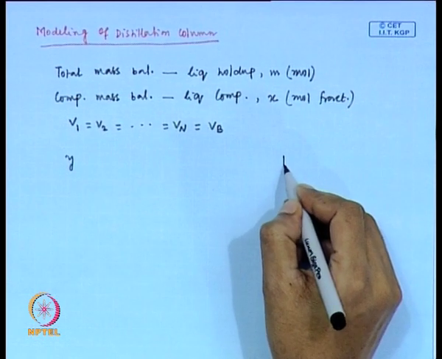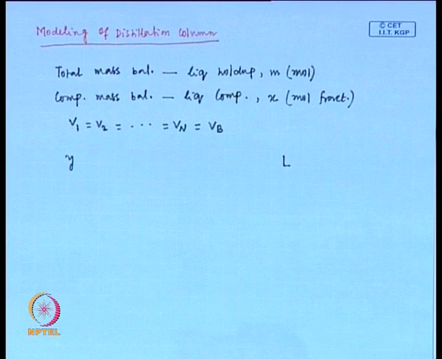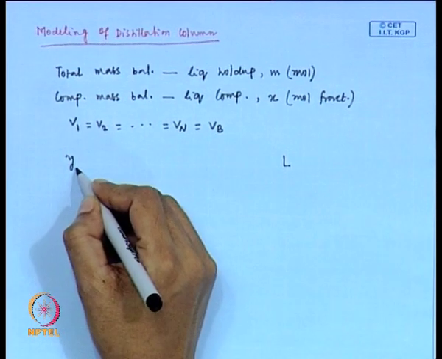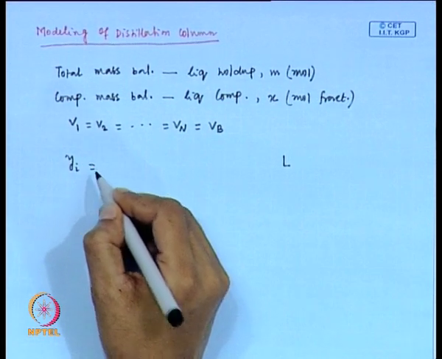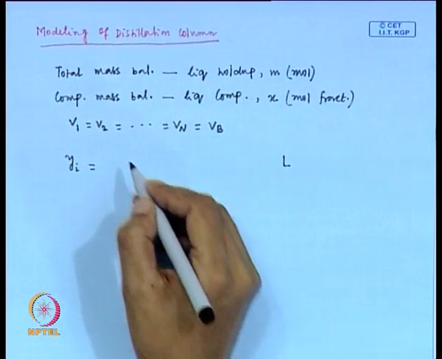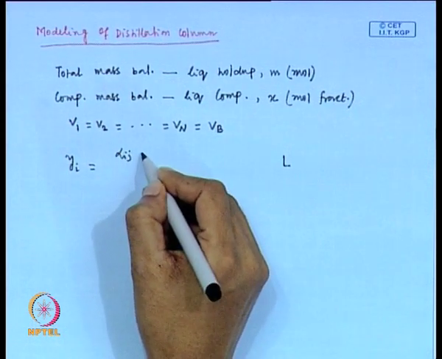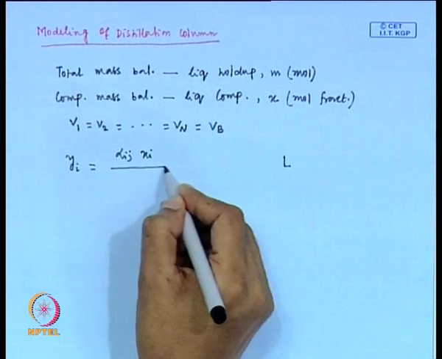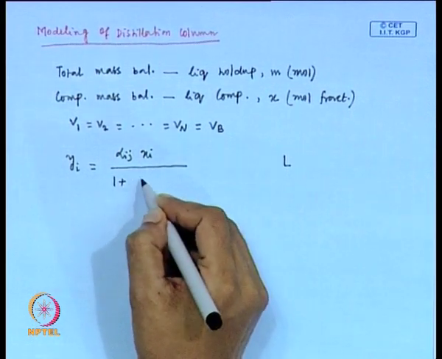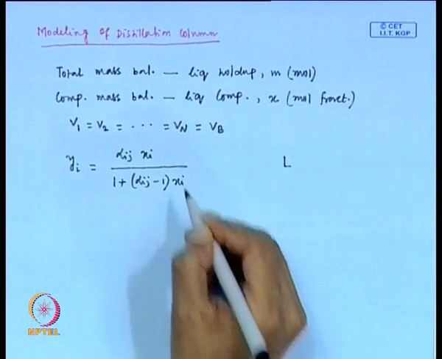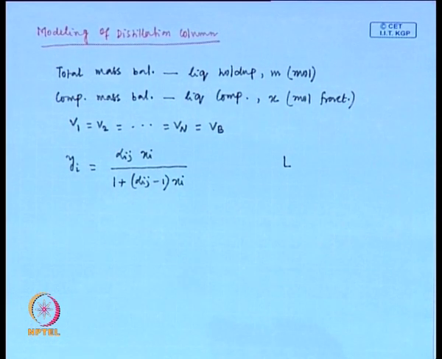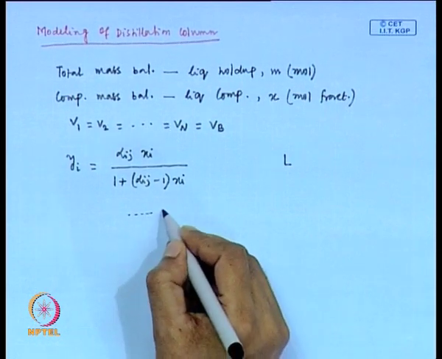Another one is liquid flow rate. We have discussed the calculation procedure of vapor flow rate of any component I, that is y I equals to alpha I j x I divided by 1 plus alpha I j minus 1 into x I. This equation we have derived, and this is called as equilibrium relationship.